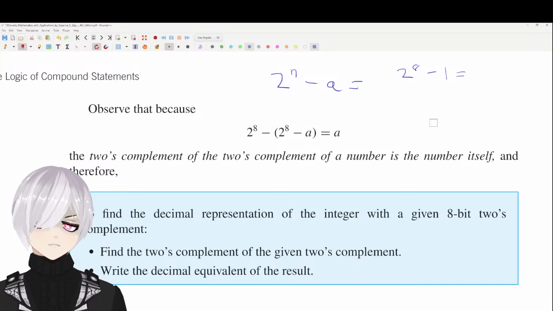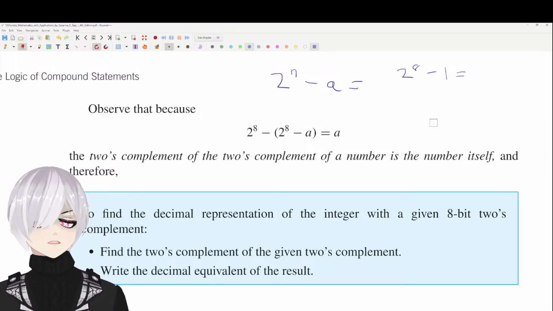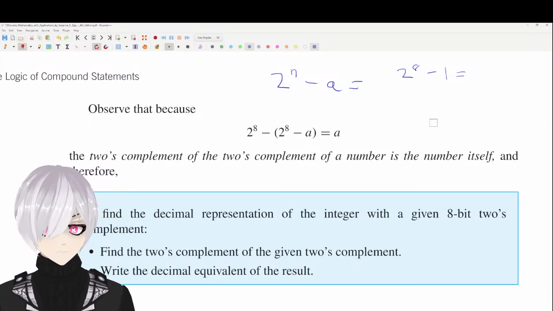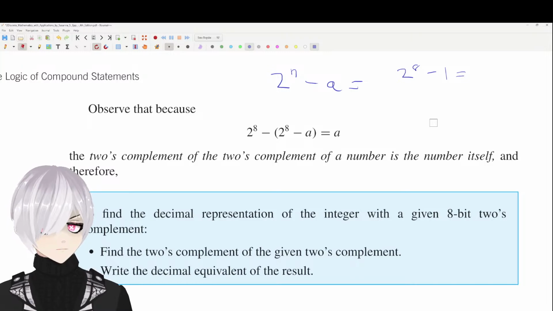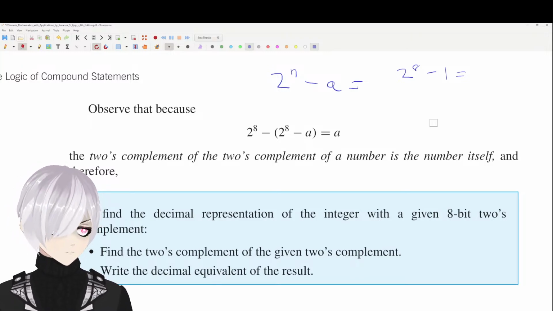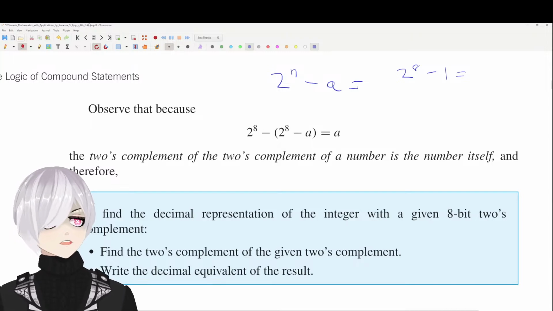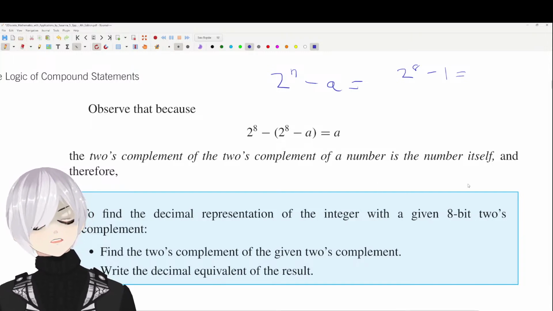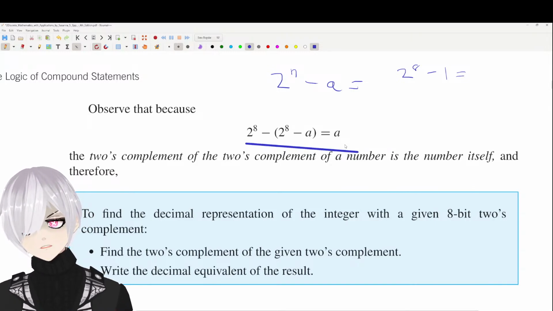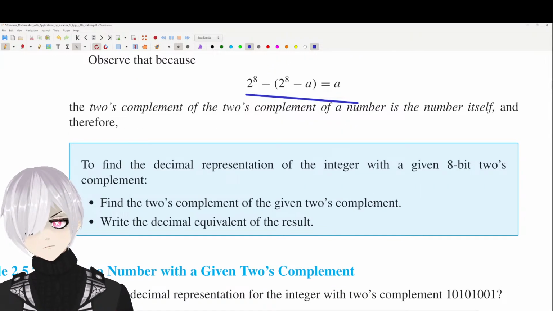So as long as you don't put a boundary in the input, you don't get a boundary in the output. Okay, that's cool. So because of that two's complement symmetry, you can use it on itself to get the original number.